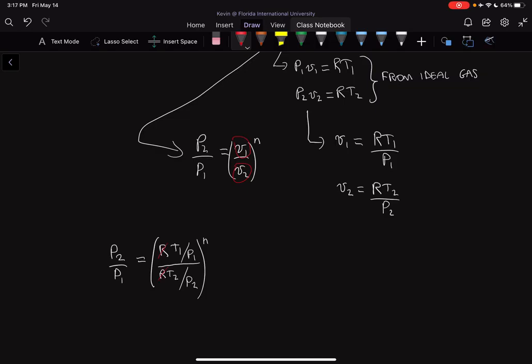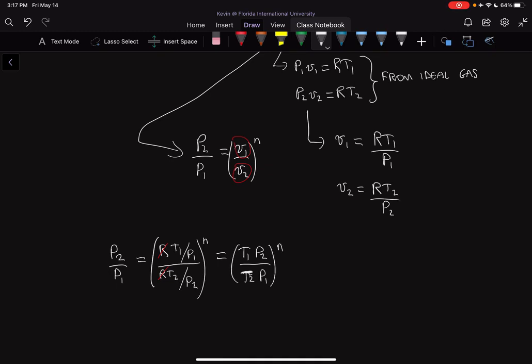So P2 over P1 is equal to T1 multiplied by P2 divided by T2 multiplied by P1. We're just using the rules of divisions within divisions, and we can simplify to this term, still to the power of n.